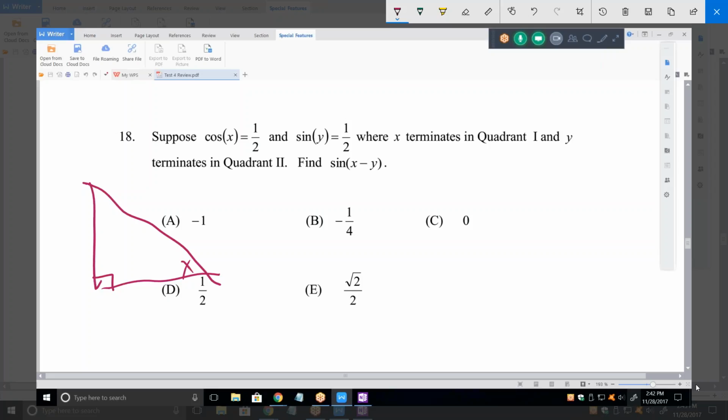So it'd be the adjacent's 1, the hypotenuse is 2, and the opposite's 1. Apply the Pythagorean theorem quickly to solve for that opposite side. It's the square root of the hypotenuse squared minus the other side squared. Square root of 4 minus 1. Square root of 3.